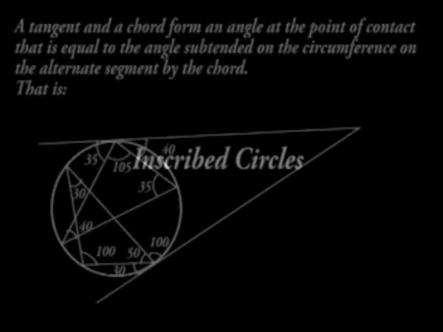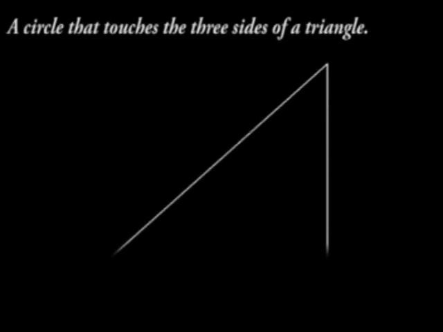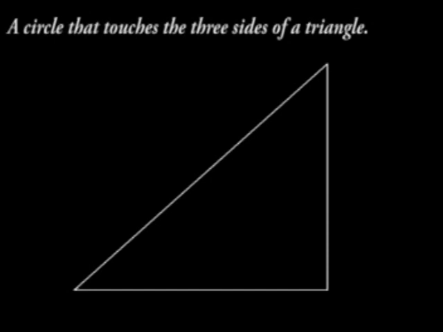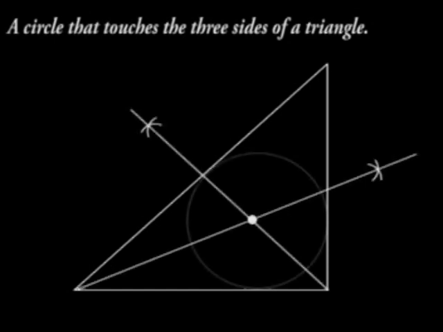We look at inscribed circles. A circle that touches the three sides of a triangle is an inscribed circle. To construct this, we bisect any two angles of the triangle and the point of intersection of the bisectors is the center of the circle.